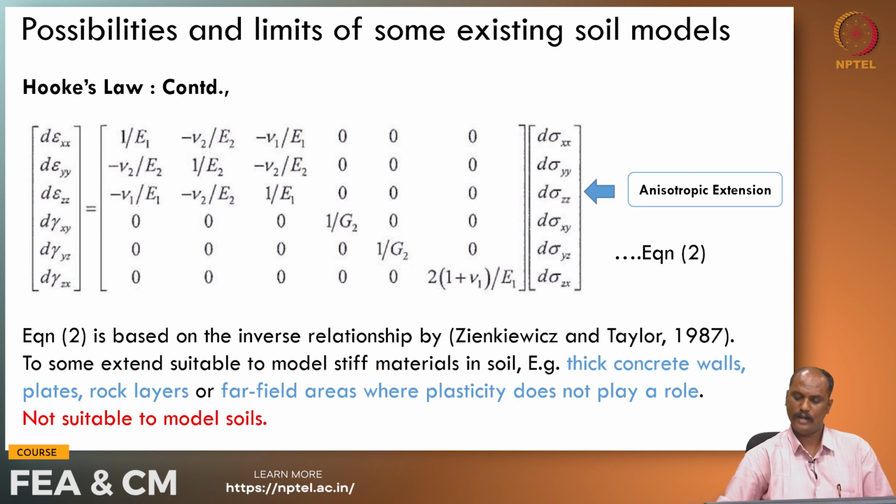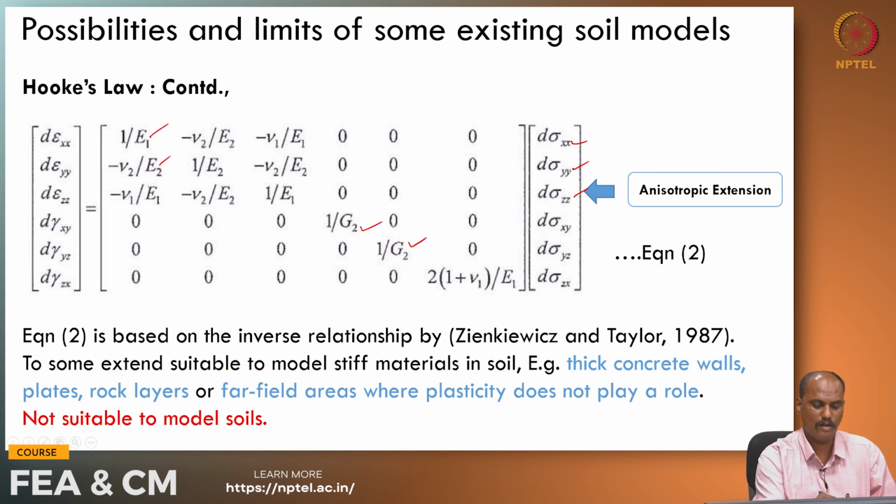Way back in 1987, Zienkiewicz and Taylor gave an anisotropic extension by inverting the relationship, as we have noticed in the previous slide, to get a new matrix wherein you have additional shear modulus in two directions, G2. Okay, and then we have the x, y, z directions for sigma as well as epsilon, and two directions of Young's modulus, and then the Poisson's ratio.